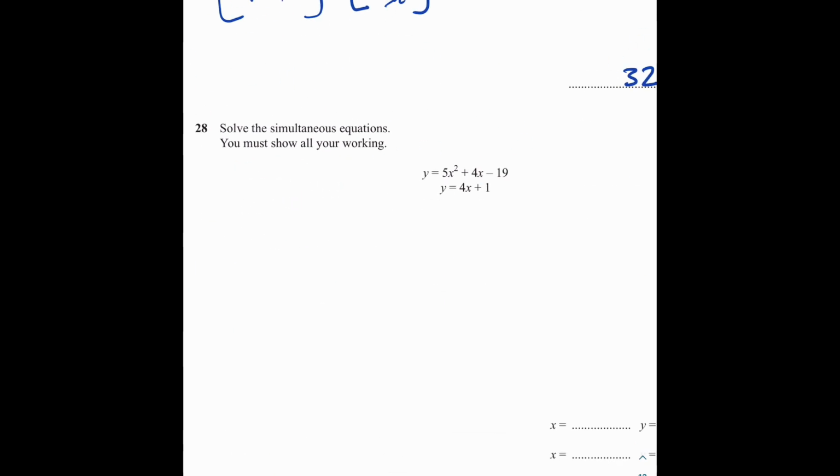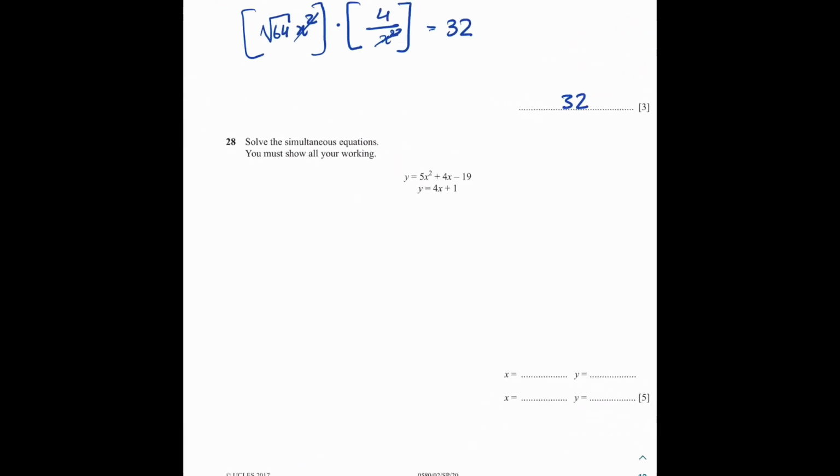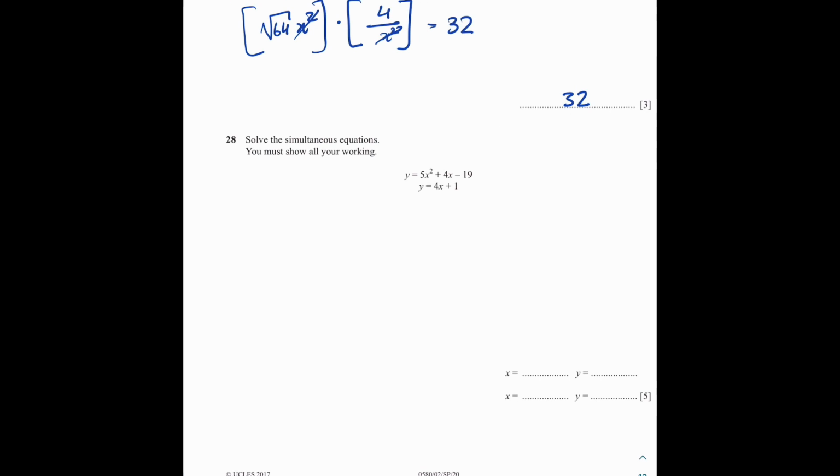Yes. Okay, I love these kinds of questions. Simultaneous equations are one of my favorite questions to solve. I really enjoy them. So here is how I like to do my simultaneous equations. You have two equations.